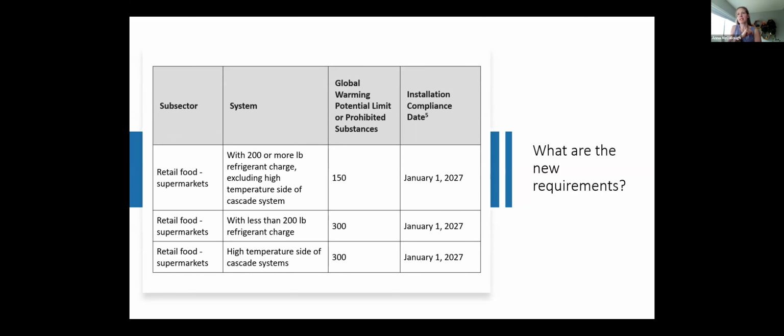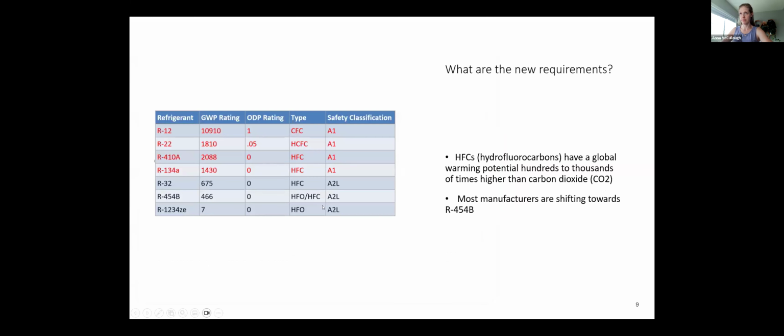Solely looking at supermarkets here, the global warming potential limits are different, but they do not come into effect until January 1st, 2027. Okay, so HFCs have a high global warming potential, as you'll see here.